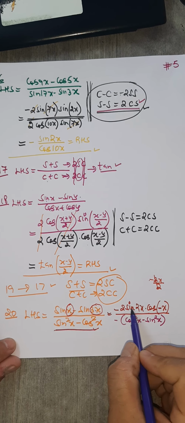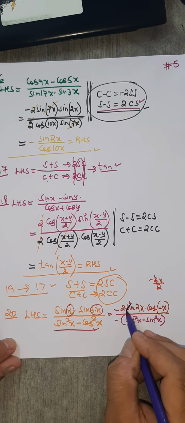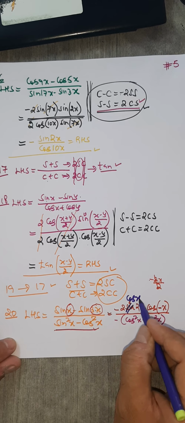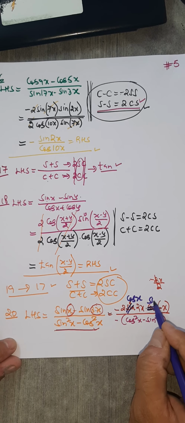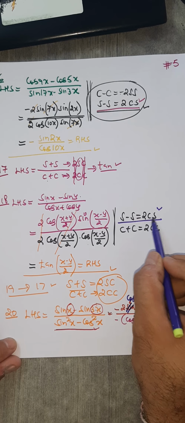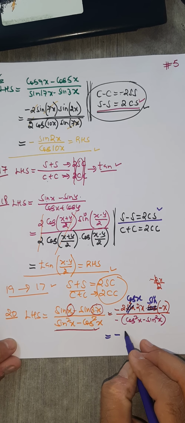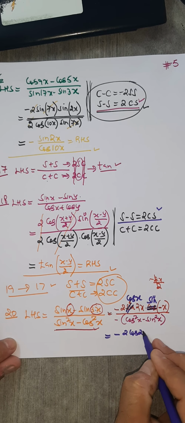I think this is my mistake. S minus s is 2cs. So here I must have cos function and here I must have sine function. I'm sorry. S minus s, you know it is 2cs. Cos comes first and then sine. So minus twice cos 2x.